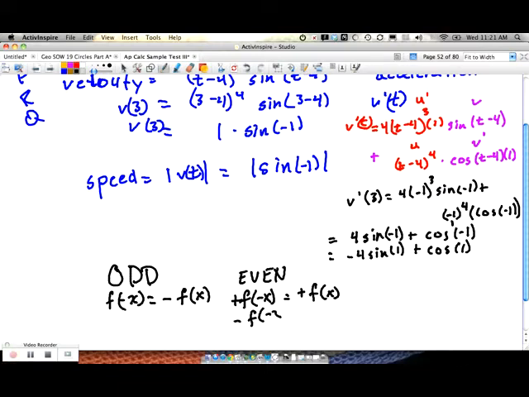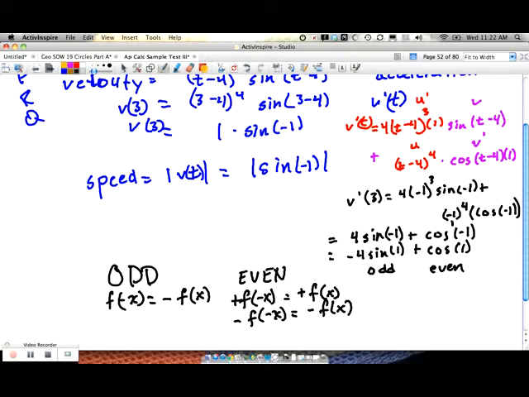And negative f of negative x is going to be negative f of x. So here we got opposite signs. Here we have same signs. So that's what's going on there. Sine is odd, cosine's even. Would we need to know that? For a multiple choice question, that might be something we would find.